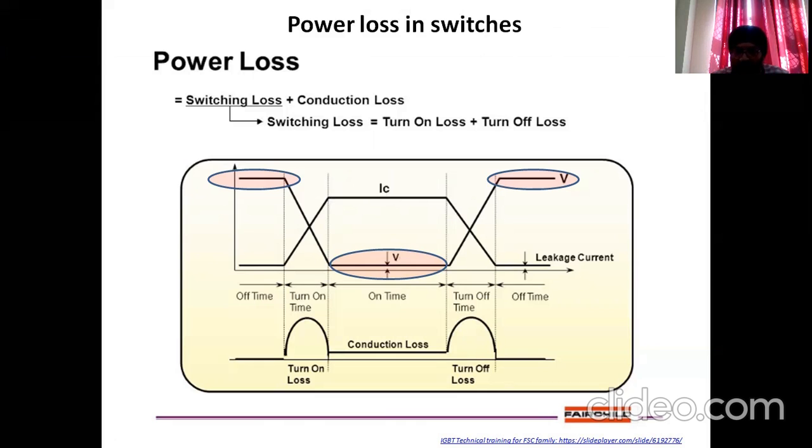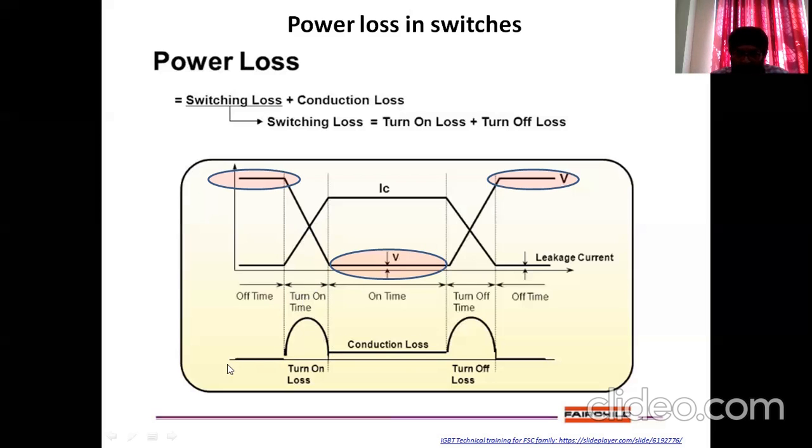If voltage is very small in value, the conduction loss over here can be less. Only the transition loss is maximum at this point, where we have a cross section of voltage and current signals. We have a maximum value of transition or switching loss.